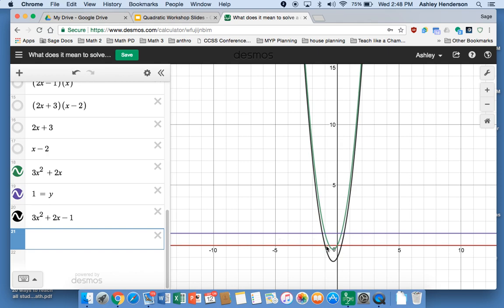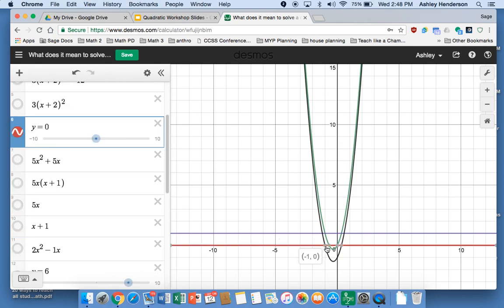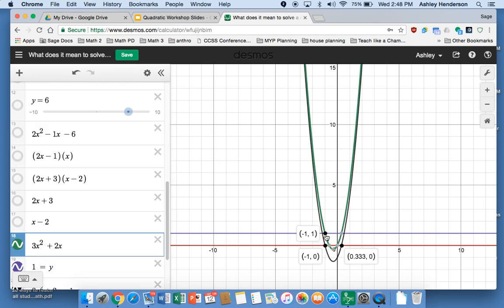Well, it intersects 0 at -1 and a third, just like these intersected at -1 and a third.